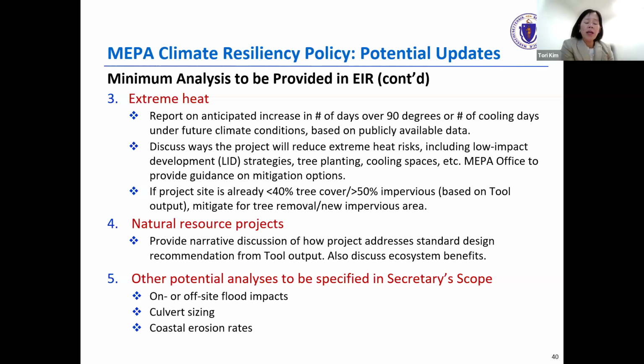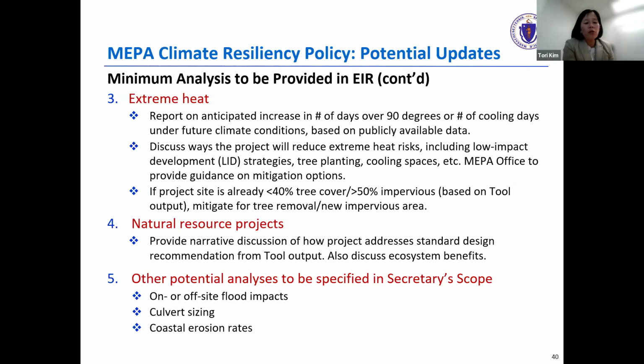And we are doing some thinking on providing some guidance on best practices around heat reduction strategies. So tree planting and pervious surfaces are obviously best practices, but we would provide a little additional guidance and more standardized reporting about what the project is actually doing to reduce heat risks.